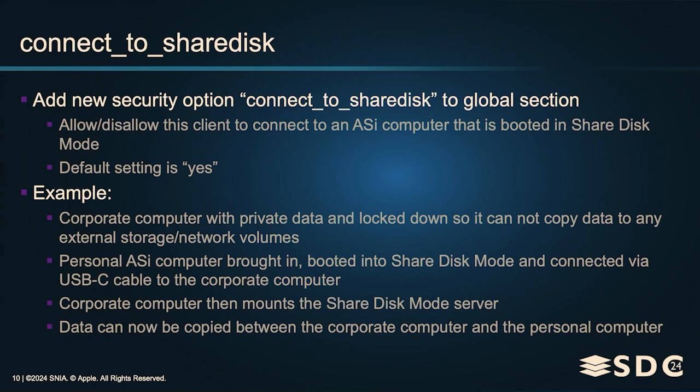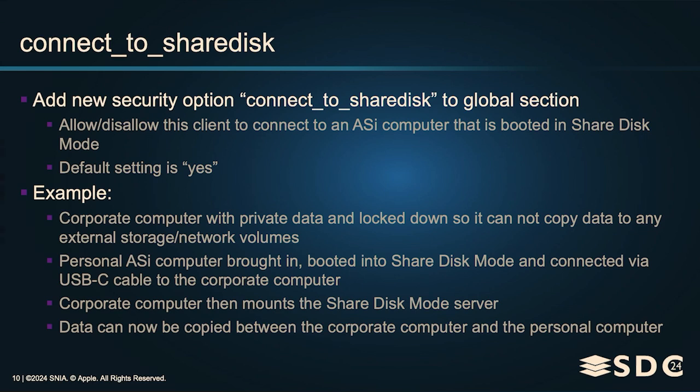The reason why we did this is you have a corporate computer. You've locked it down, so it's not allowed to copy data to any external storage. If you try to hook up an external hard drive, you can't copy data off of it. If you try to copy it over the network, it won't let you copy over the network. Well, what happened is somebody has their own personal Apple Silicon computer.